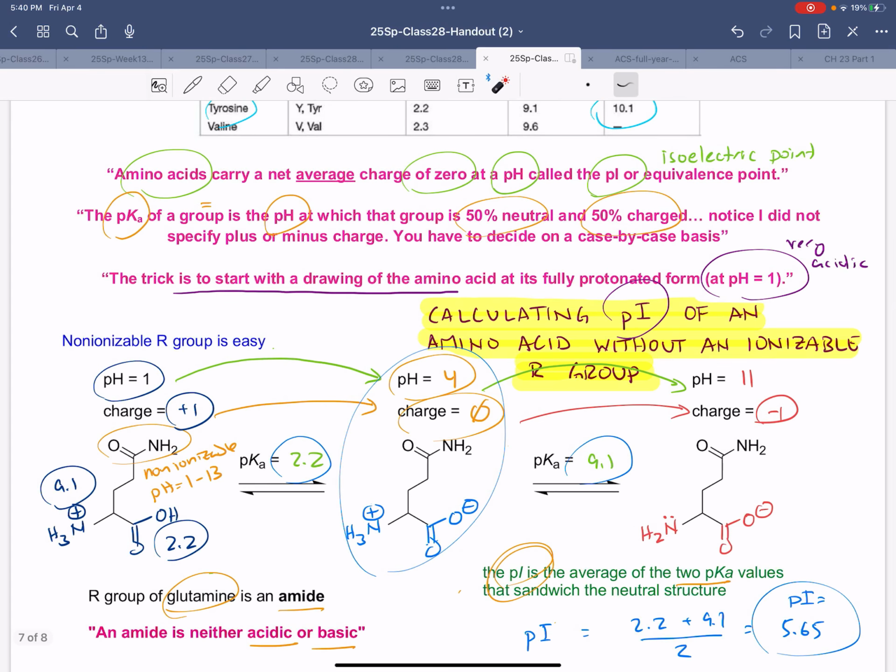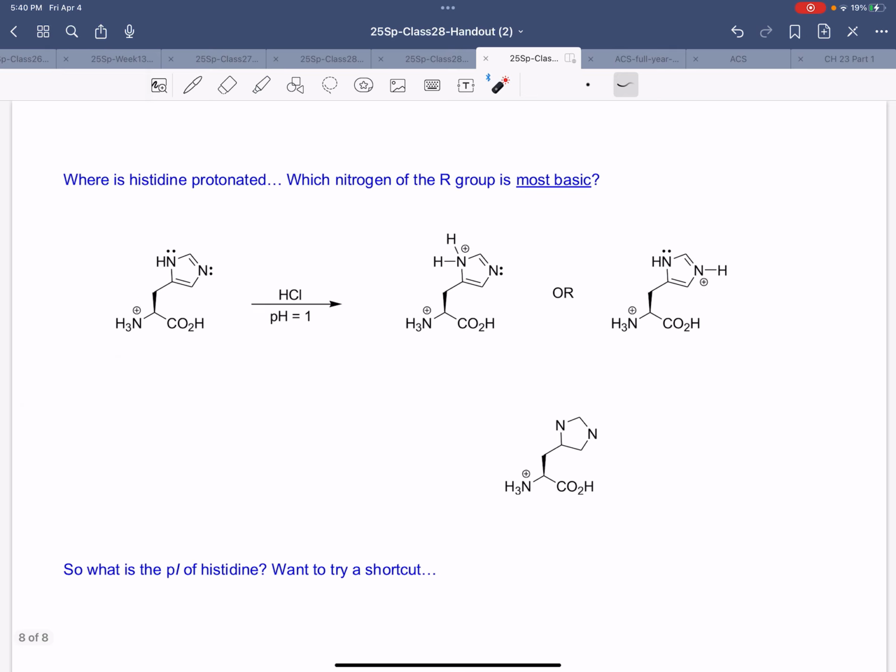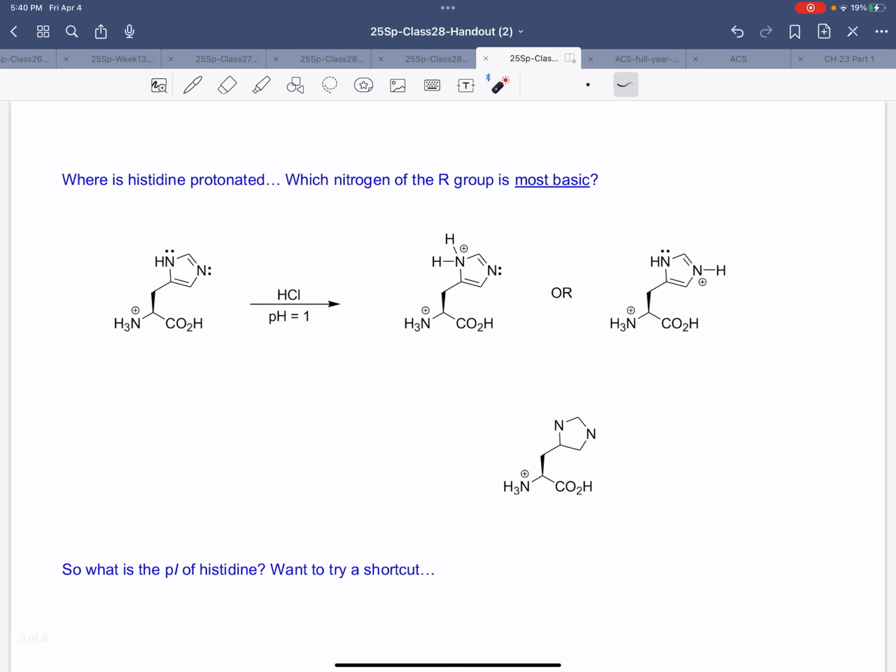Alright, in the previous video, I was calculating the pI of an amino acid that does not have an ionizable R group. Next, I want to do something a little bit harder, which is figure out the pI, eventually, for an amino acid that does have an ionizable R group.